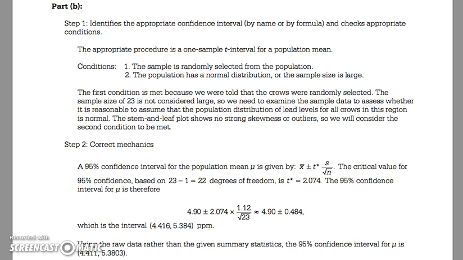The first condition is met because we were told that the crows were randomly selected. The sample size of 23 crows is not considered large, so we need to examine the sample data to assess whether it is reasonable to assume that the population distribution of lead levels for all crows in this region is normal. The stem and leaf plot shows no strong skewness or outliers, so we will consider the second condition to be met.